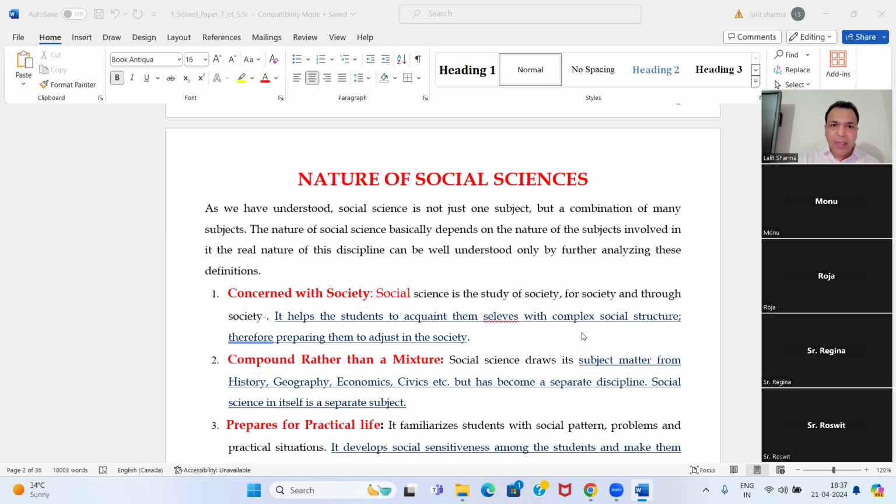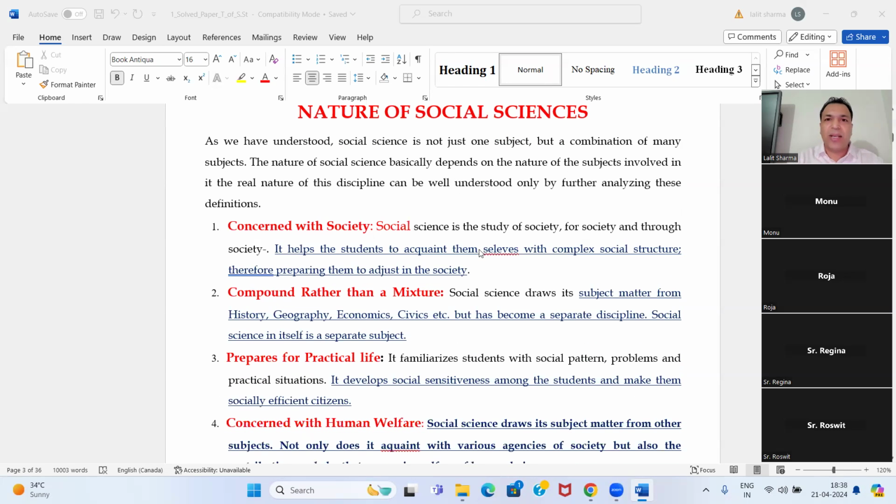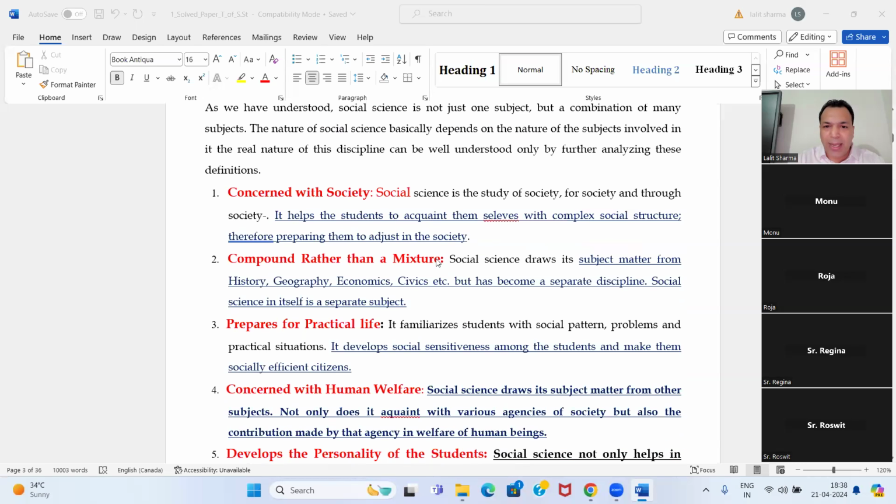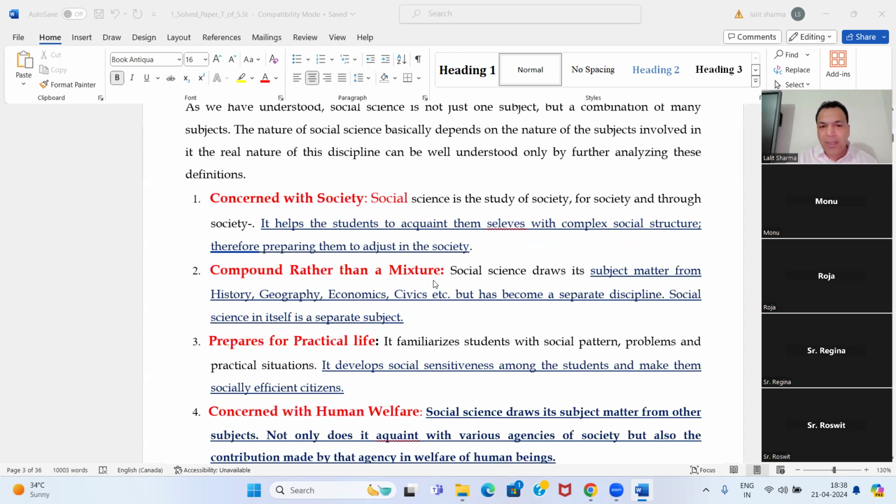Okay, guys. So now we are discussing the nature of social science. The first is that it is concerned with the society. Social science is concerned with the society. ये देखो, it is a study of society, and through the society, it helps the student to acquaint themselves with complex social structure, therefore preparing them to adjust in the society.